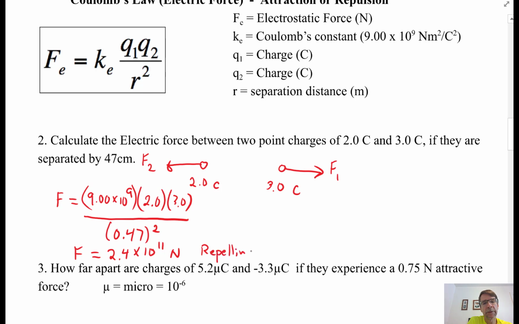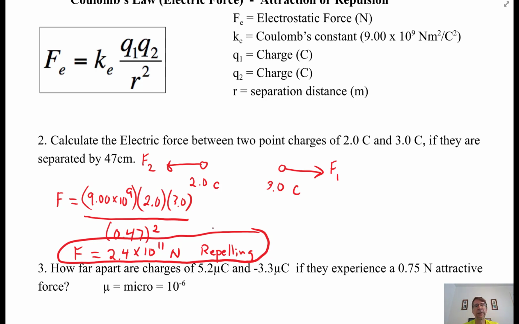The direction isn't as important right now, but it will be eventually. So get used to sticking with labeling the direction, repelling. And what you're going to notice about that is it's a very large force, because it turns out that coulombs are a large unit.